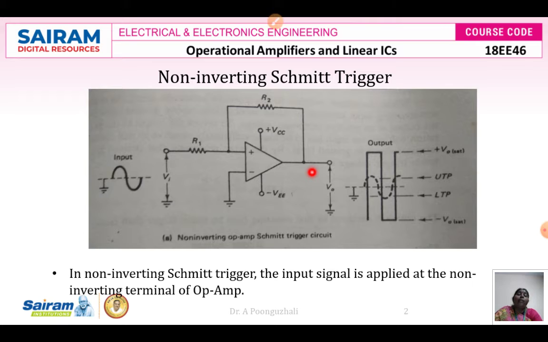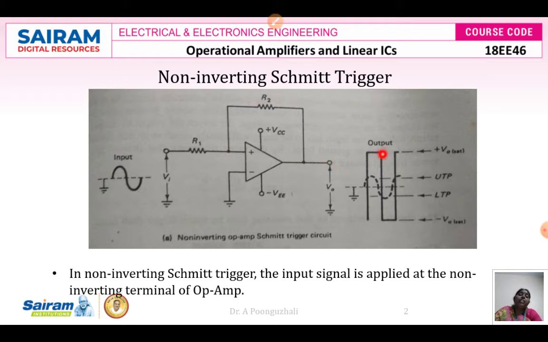When I want my output voltage to come from plus Vsat to minus Vsat, I should make my input signal go to a negative voltage. When my input signal goes to the negative half of the waveform, my Vi voltage, that is the voltage at this point, becomes negative. When the voltage at this point becomes negative, automatically my output voltage will be negative.